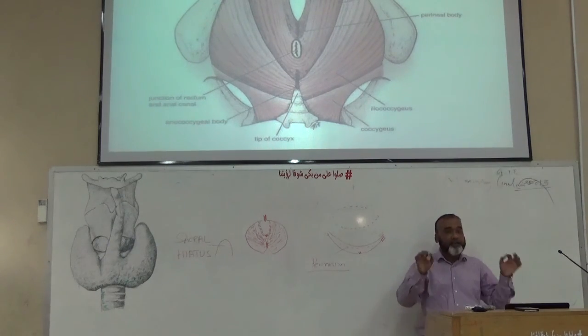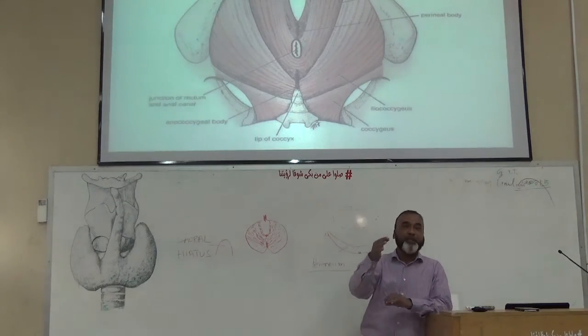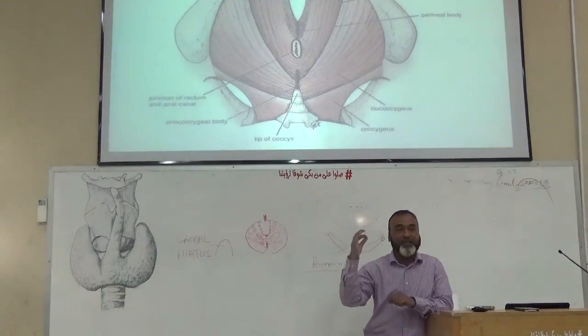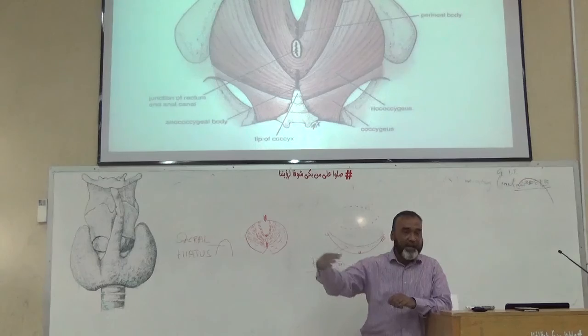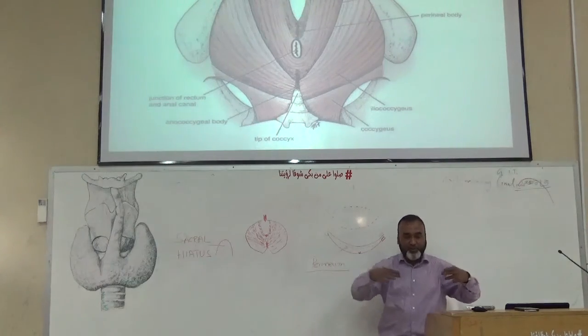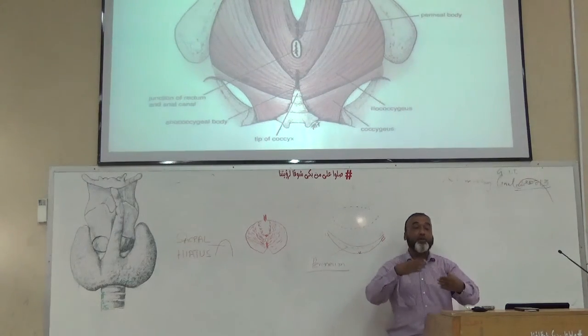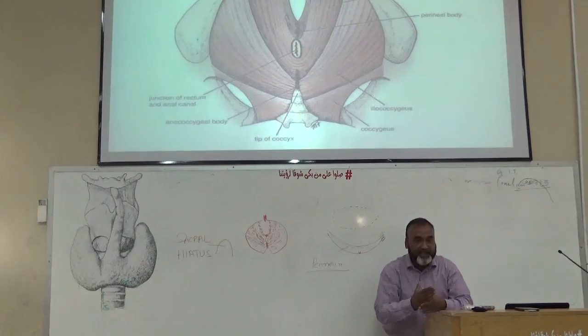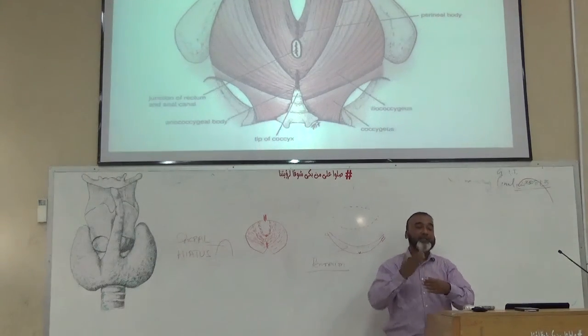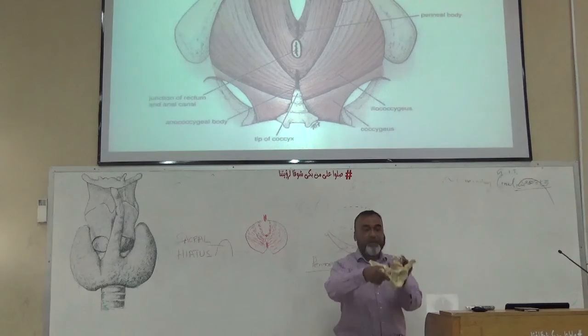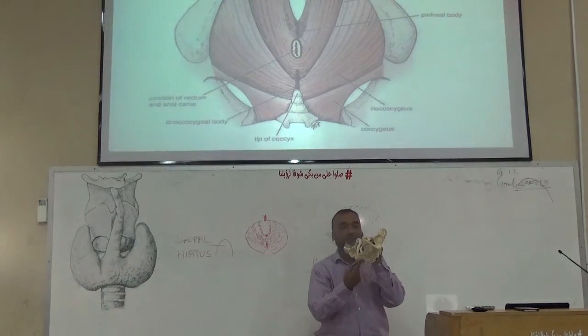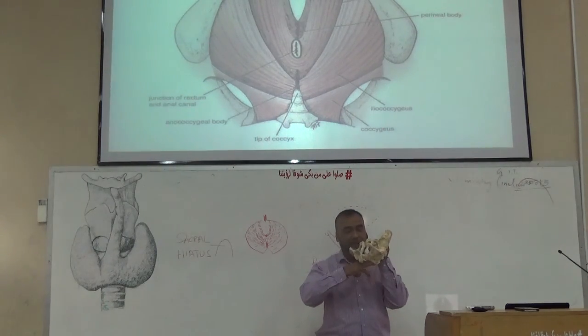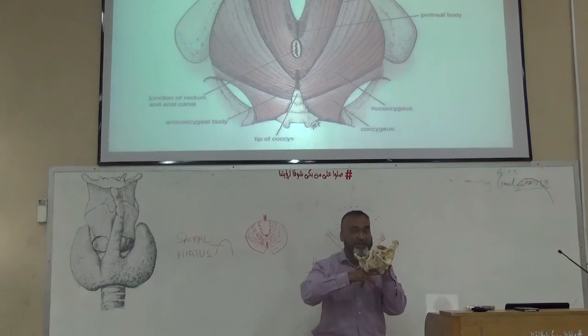the coccygeus muscle. The apex of the coccygeus is attached, or you can say originates, from the spine of the ischium, and the fibers go towards the midline to be inserted over the coccyx and some part of the sacrum laterally, like this. So this is the triangular muscle.